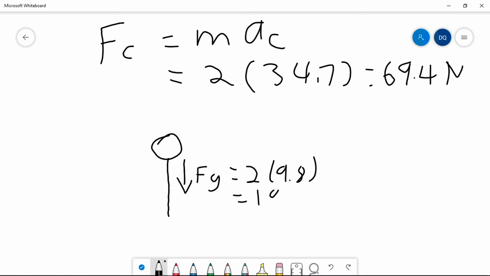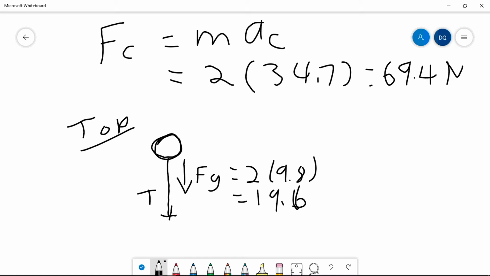So that's going to be 19.6. And it also has the tension in the arm pulling it down. So this circle up here is the bucket. This is my shoulder. You're looking at the bucket swinging around my shoulder, and it's at the top at this moment in time. And let me just label that, so we're at the top.